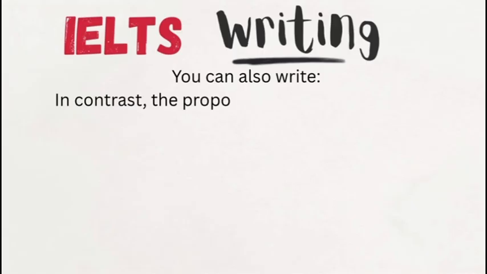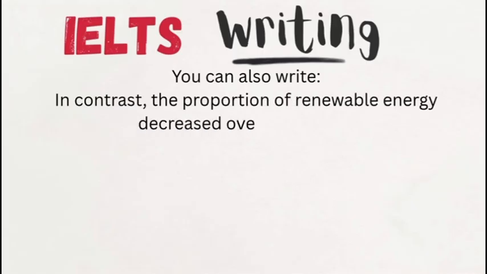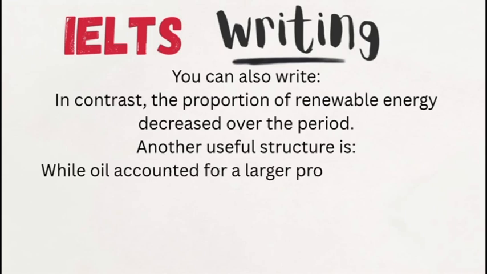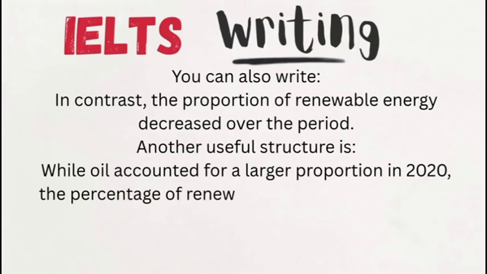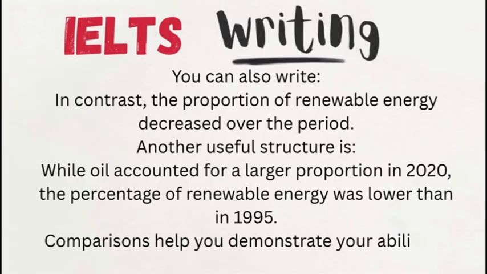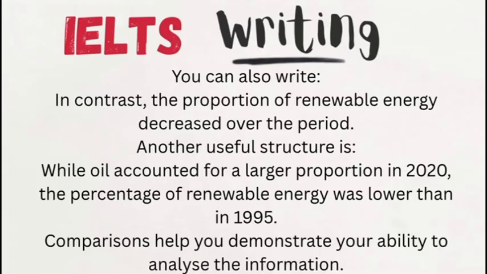You can also write, in contrast, the proportion of renewable energy decreased over the period. Another useful structure is, while oil accounted for a larger proportion in 2020, the percentage of renewable energy was lower than in 1995. Comparisons help you demonstrate your ability to analyze the information.